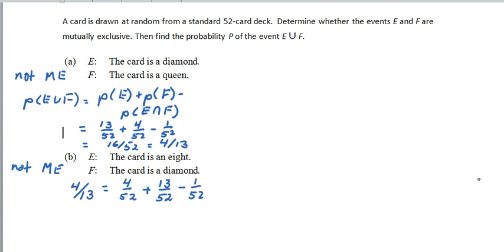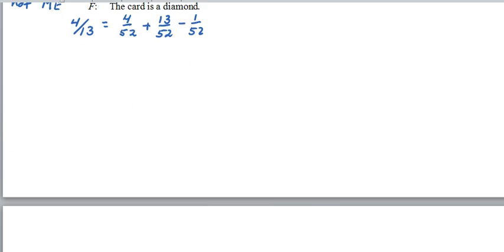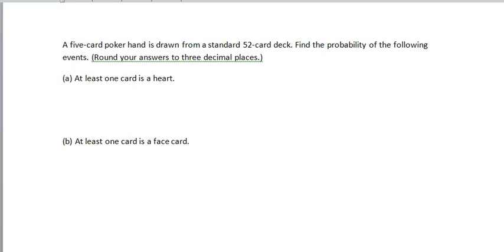We've got one more problem in this set. And this is a category where we have the word at least in our event, and we need to be a little careful with these. So if a 5-card poker hand is drawn from a standard 52 card deck, find the probability that at least one card is a heart.